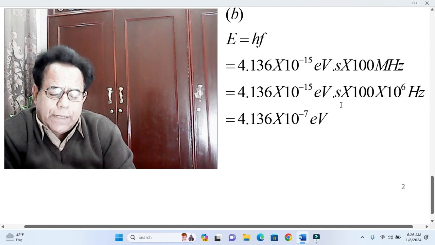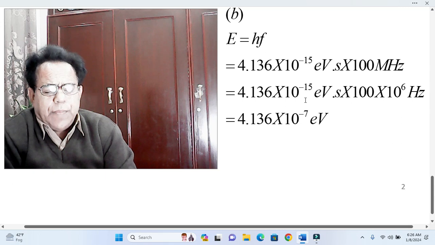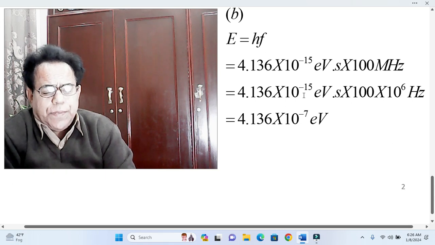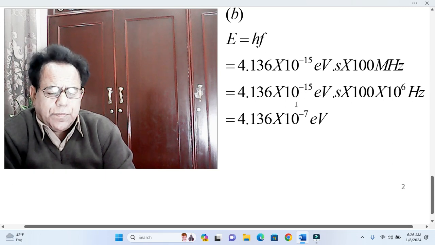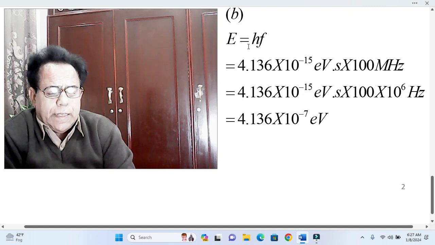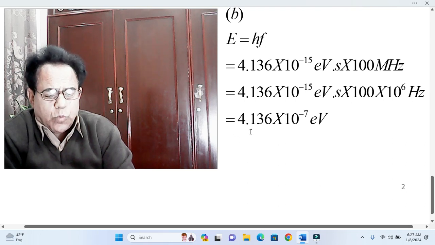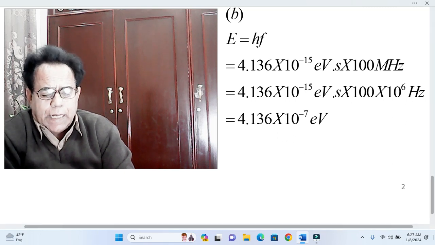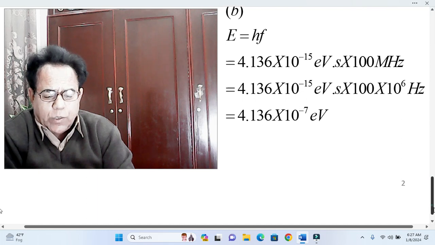So plus 8 will be added to minus 15, and hence our final result will appear as 10 raised to the power minus 7. Minus 15 plus 8 is equal to minus 7. So our answer, that is the energy E, has finally become equal to 4.136 into 10 raised to the power minus 7 electron volt. And this is the end of our problem.